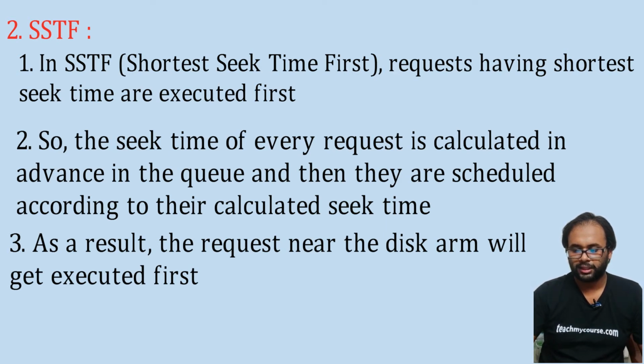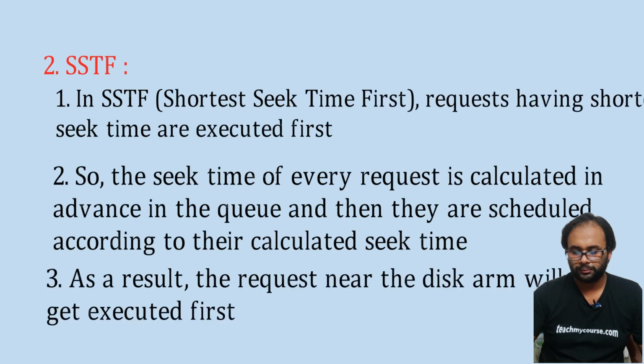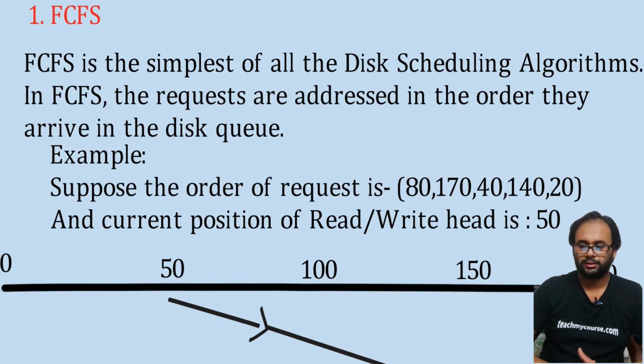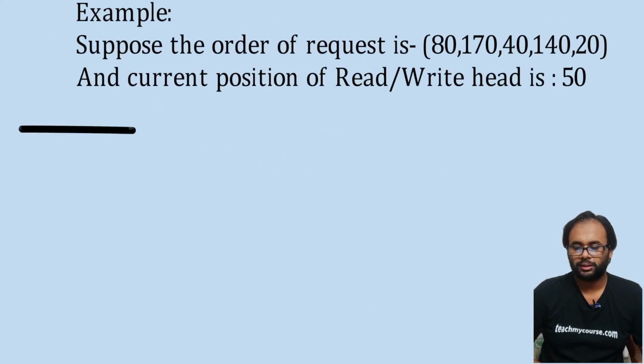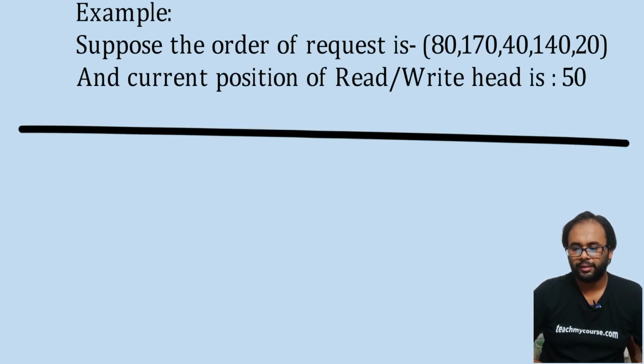We will see the same example here, as we have seen in FCFS. Suppose the current position of the read-write head is 50, and we draw the diagram to understand SSTF using the same case which was taken in FCFS.